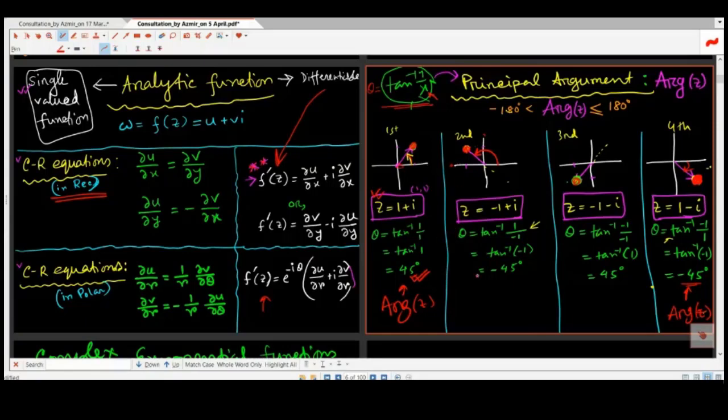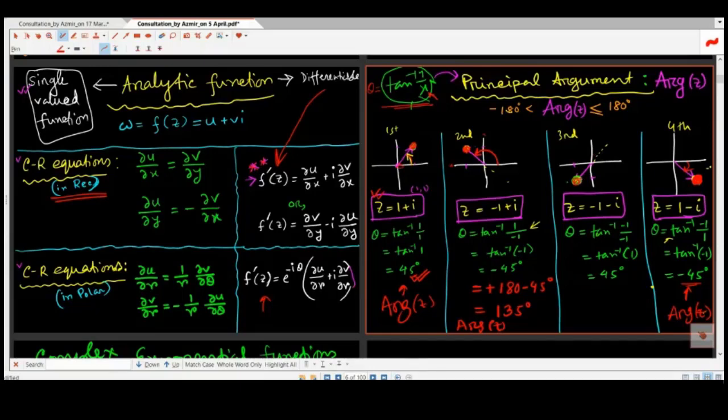So this time we have to add 180 degrees to this result. That means we have 135 degrees. So this is now the principal argument. So 135 degrees is in between this region.